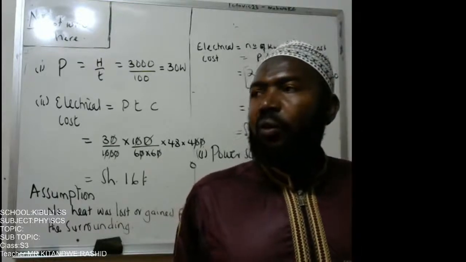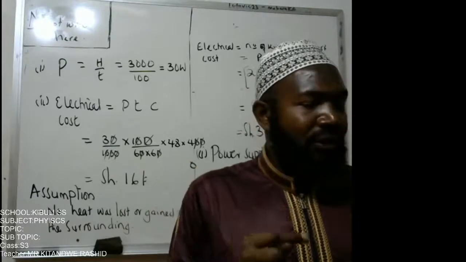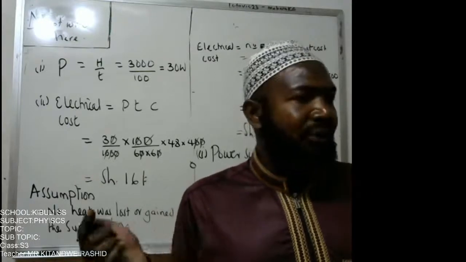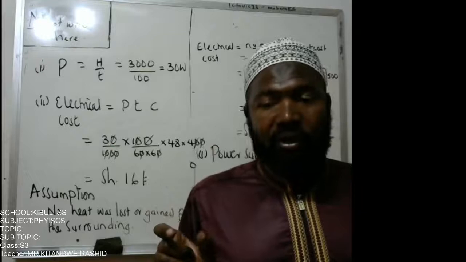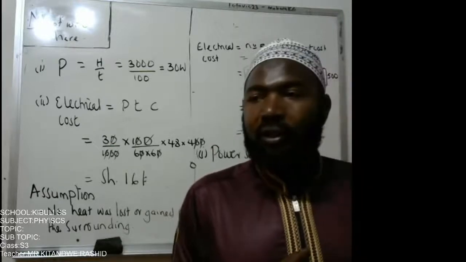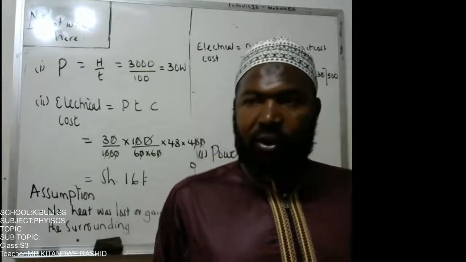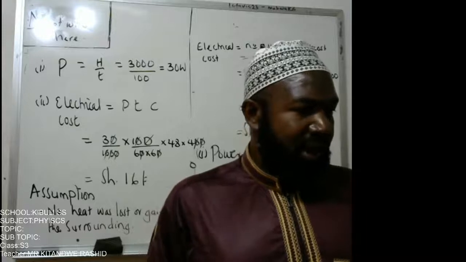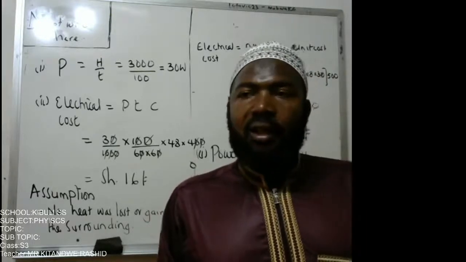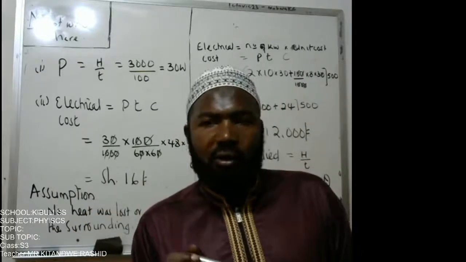We said when the conductor or wire is connected to the supply voltage, electrons are accelerated by the electric field from the battery. Accelerated means you increase the speed at which they are moving. These electrons gain kinetic energy. When you increase speed, you gain what? Kinetic energy. Now with the gain in kinetic energy, they collide with atoms of the conductor.